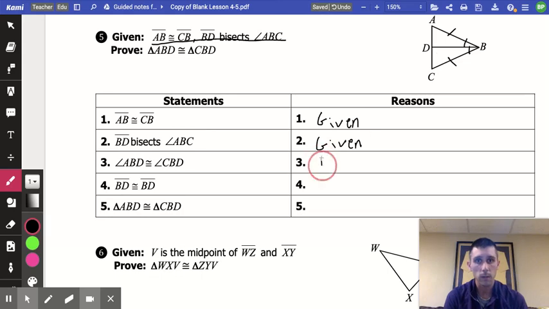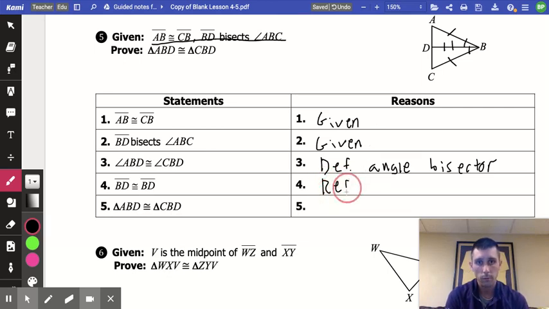What is that? Definition of what? We're dealing with an angle, so angle bisector. Okay, definition of angle bisector, cuts the angle in half. Now, how do we know that DB is congruent to BD? What was that property if it was on the same thing? Reflexive. And now the triangles are side, angle, side, side, angle, side.